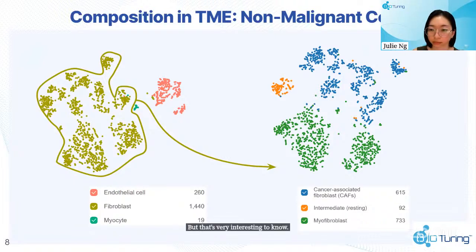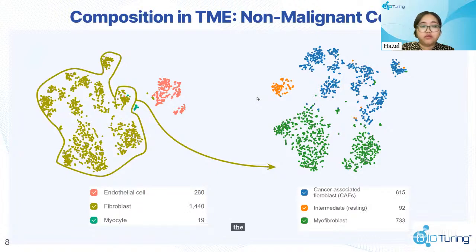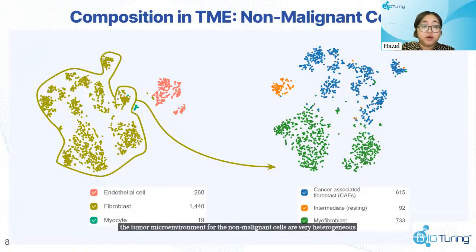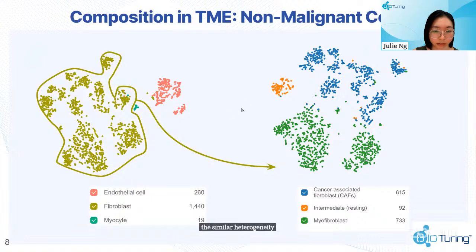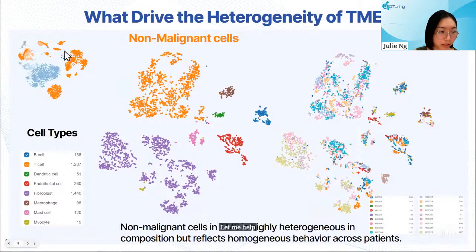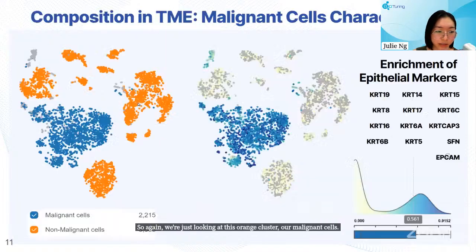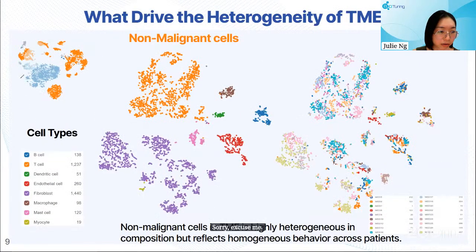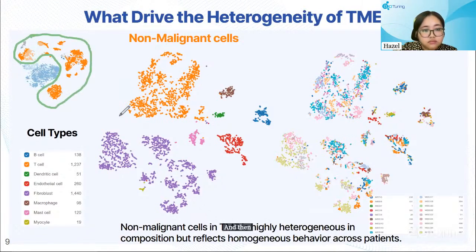In general, I can see that the tumor microenvironment for the non-malignant cells is very heterogeneous. So I suppose that it happens in all patients, like every patient has similar heterogeneity. Right. So if we zoom out again, let me help with the annotation here. We're just looking at this orange cluster, our non-malignant cells, and these are our cell types.